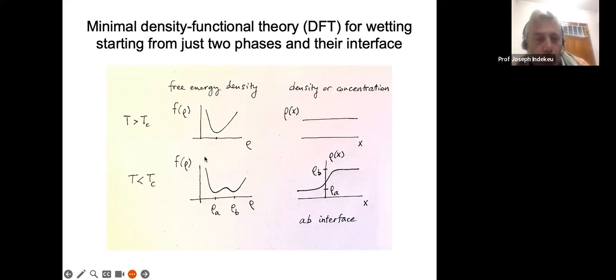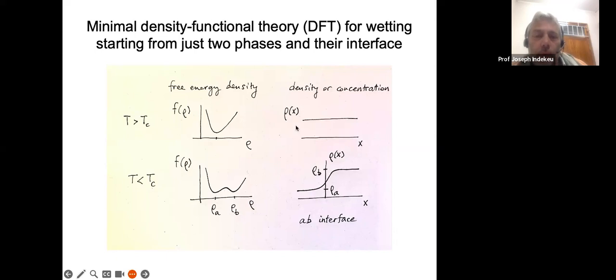And so we can describe this with a free energy density that supposedly has two minima. And if the two phases coexist, if they are in equilibrium with one another, which strictly speaking, they are only very close to their mutual interface, then this free energy density would have two equal minima at the respective densities.